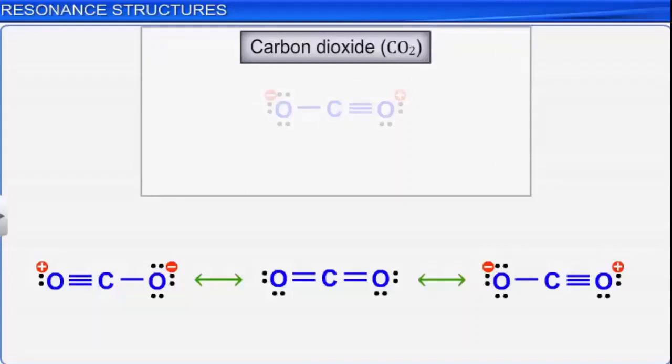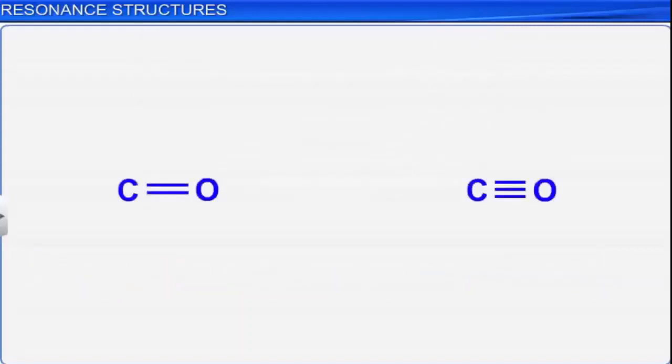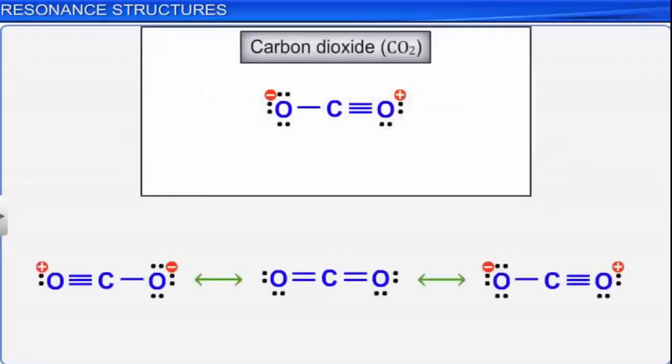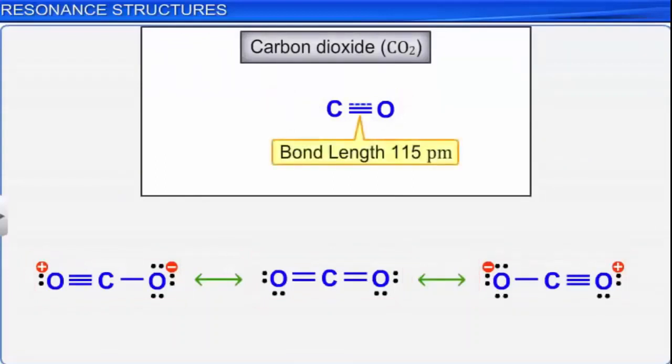The magnitude of this bond length is found to be intermediate between the bond lengths of a normal carbon-to-oxygen double bond, which is 121 picometers, and carbon-to-oxygen triple bond, which is 110 picometers. Hence, the resonance hybrid of these structures, as shown here, explains the experimentally determined bond length.